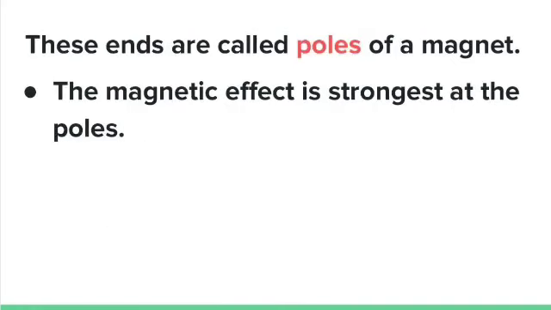These two ends are called the poles of a magnet. The end which is towards north is called the north pole, and the end which is towards the south direction is called the south pole.